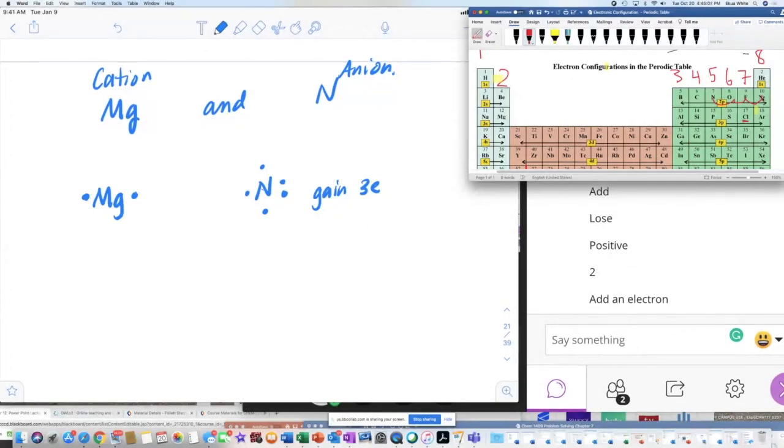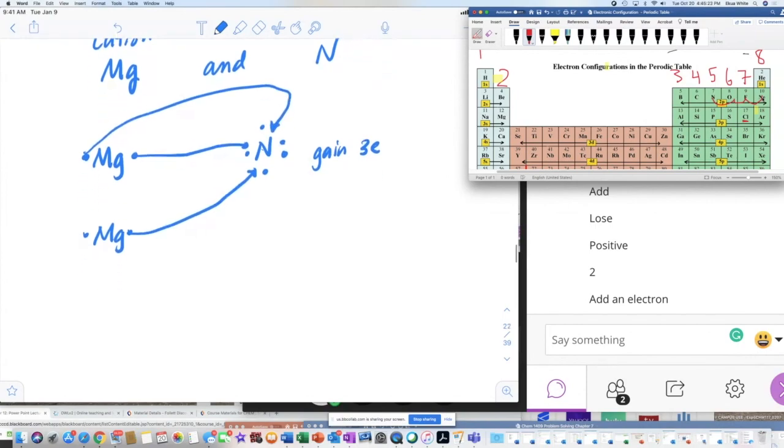Okay, so this magnesium and then the next magnesium are going to together help this nitrogen. So this comes here, this comes here, this comes here. Okay? And then, well, this magnesium only got to give its 1 electron, so we got to give the other electron. So bring the other nitrogen.